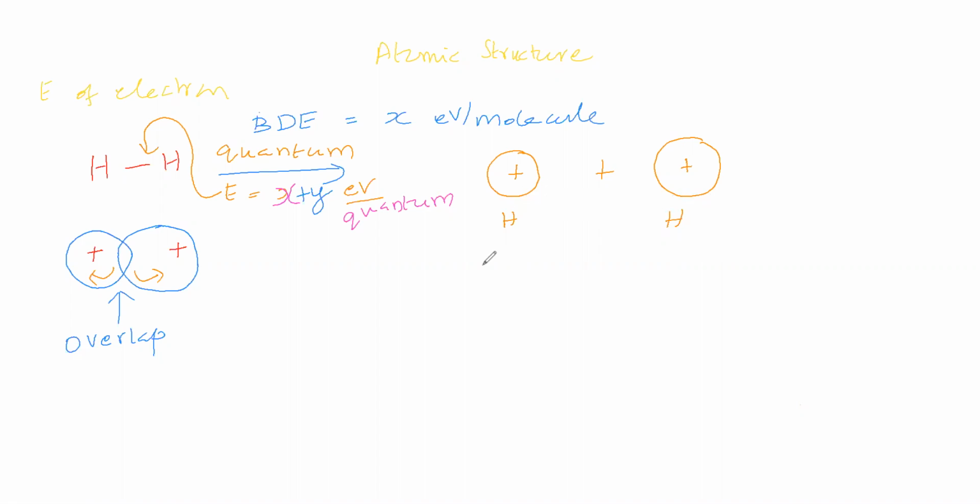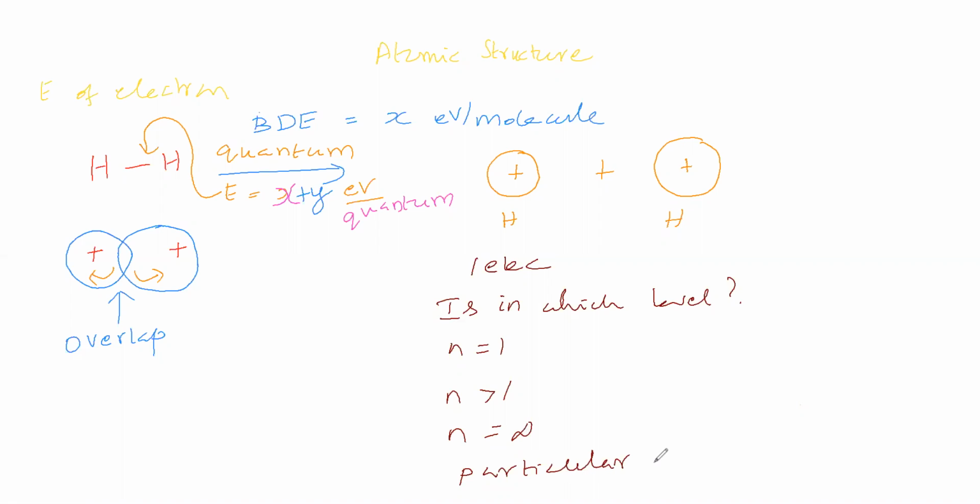Now this atom is having one electron. Similarly, this one. Now this electron is in which level? Is it n equal to 1, or greater than 1, or n equal to infinity, or a particular n value? This electron is having remaining energy.